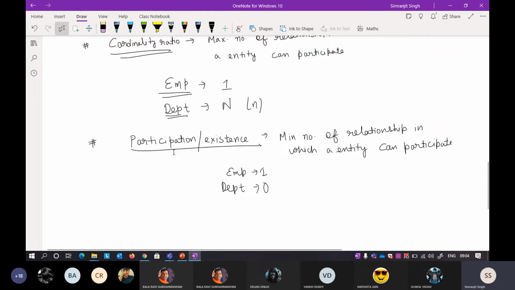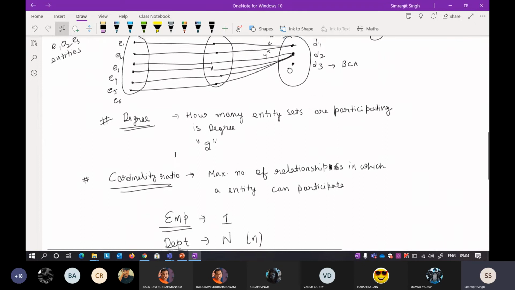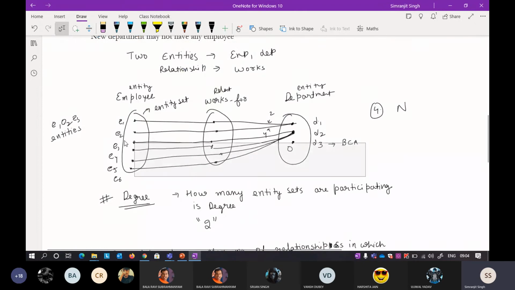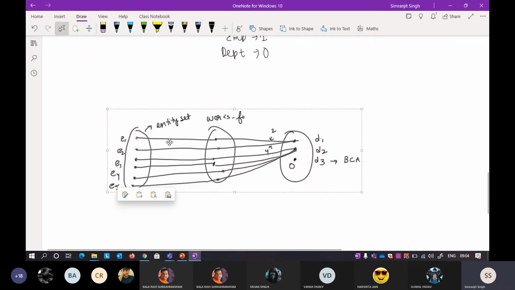I'm just writing a relationship here again, just copying and pasting, so do not get confused. Till here, I'm writing everything that we have known till now.